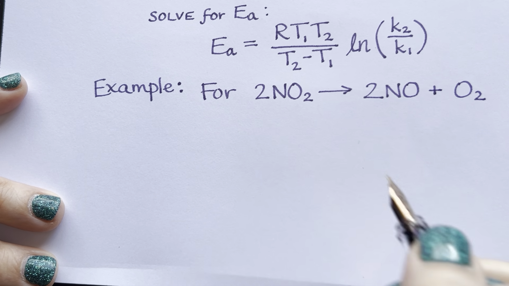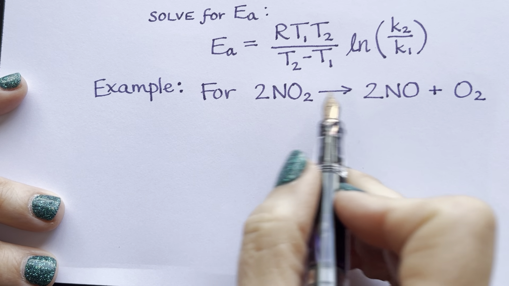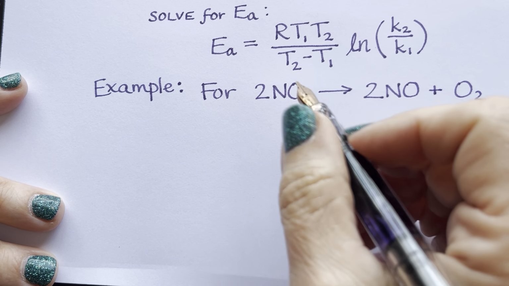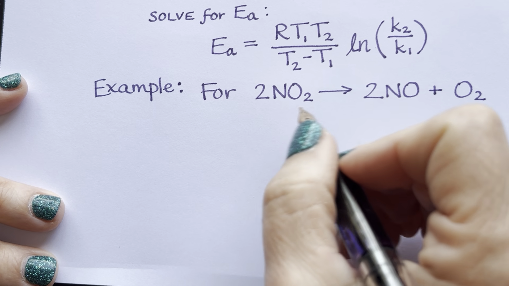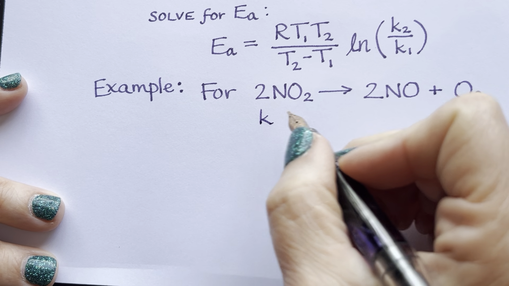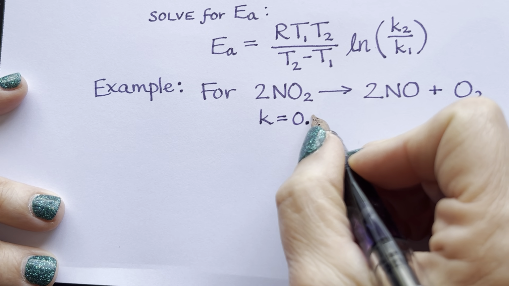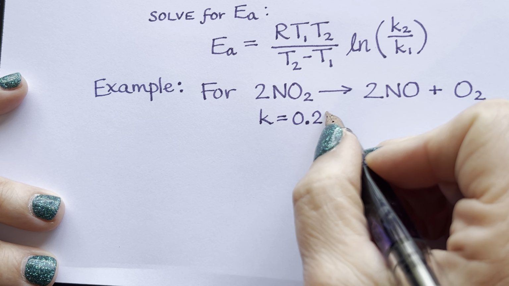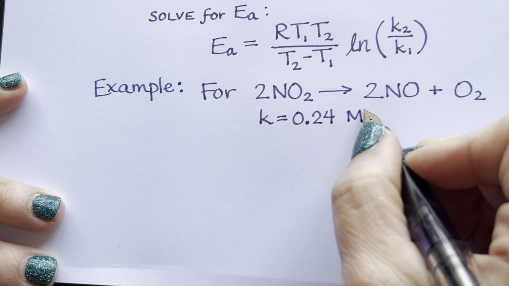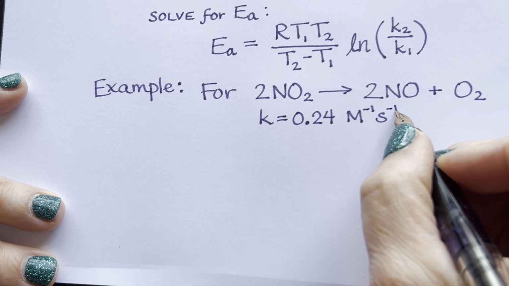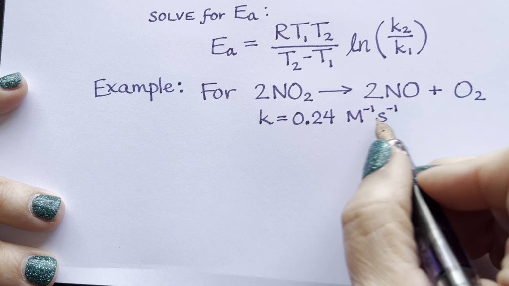It was determined after some measurements that the rate constant was 0.24 molar to the minus 1, seconds to the minus 1. That tells us it's second order.